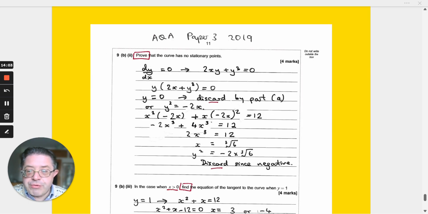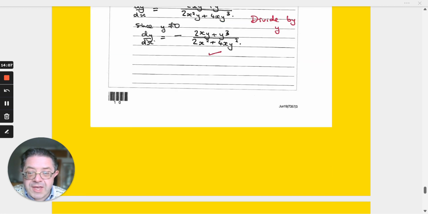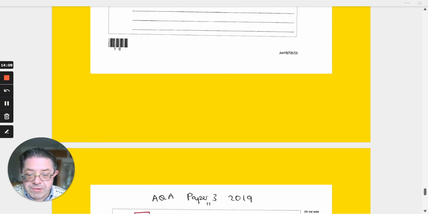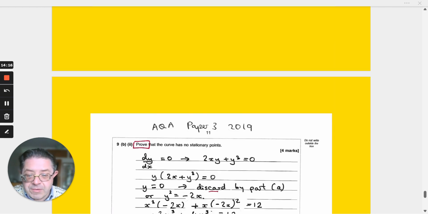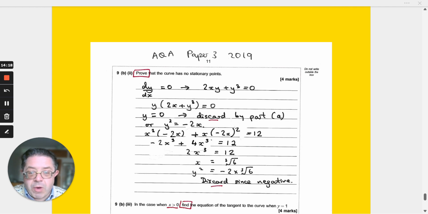Part 2. Prove the curve has no stationary points. So we're going to put dy/dx equal to 0, and since that is a fraction, it's the numerator that must equal 0. So we get 2xy add y cubed equals 0. Take y out of brackets, and we know that y is 0 is not possible by part A. So we get y squared equals minus 2.